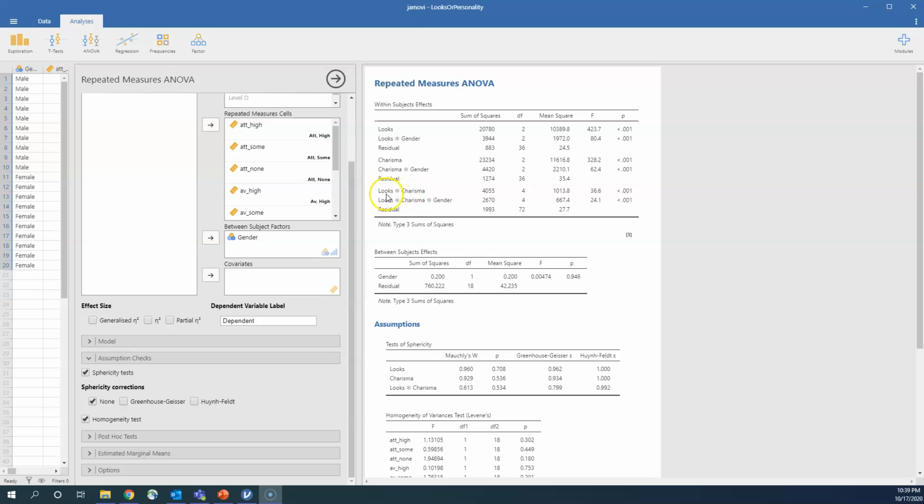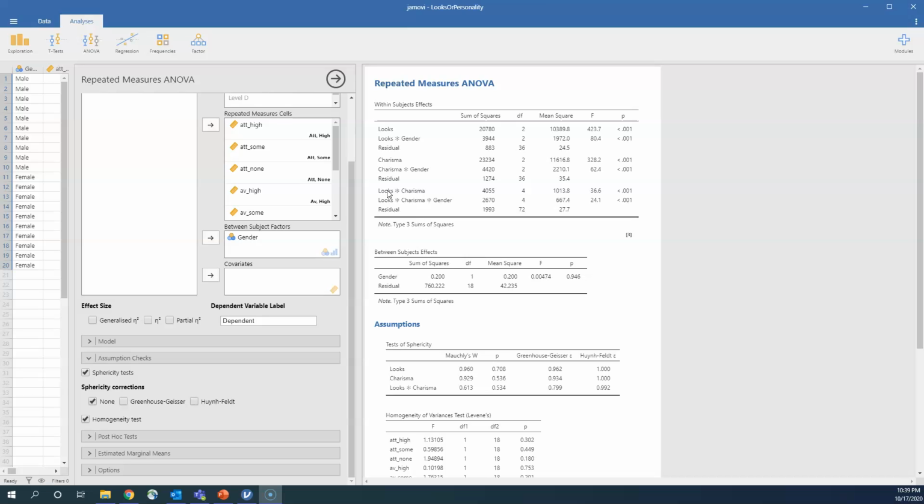And then finally, we can also see this other two-way interaction, looks by charisma. That also is significant at less than 0.001 p-value. And that suggests that, again, the levels of looks and charisma differed from each other, so that they had differential impacts on people's enjoyment of the dates.